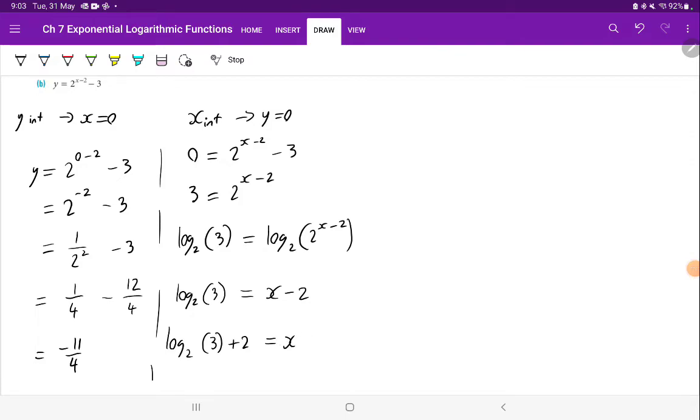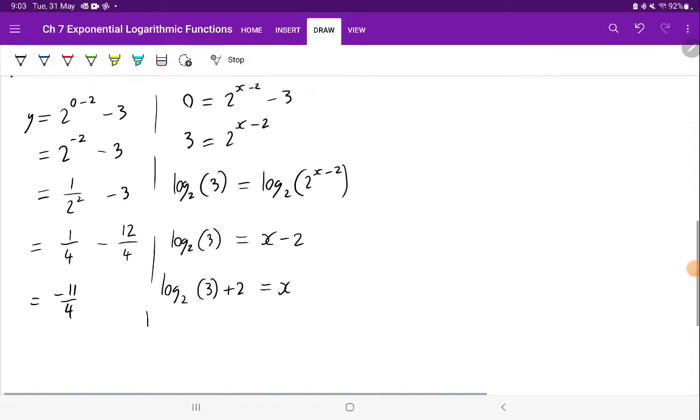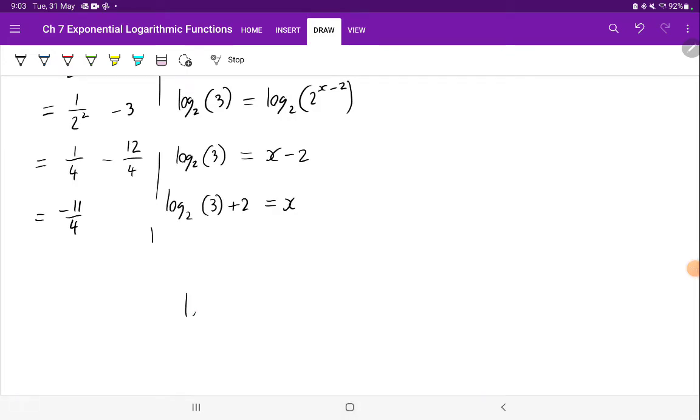And once again, we run into this problem of what the heck is log 2 of 3, plus 2? Or at least, approximately how big is it? So let's do the same trick we were doing before. Let's put borders on either side. So log 2 of 2, well, we know that, and log 2 of the next power of 2, which is log 2 of 4, 2 to the 2.